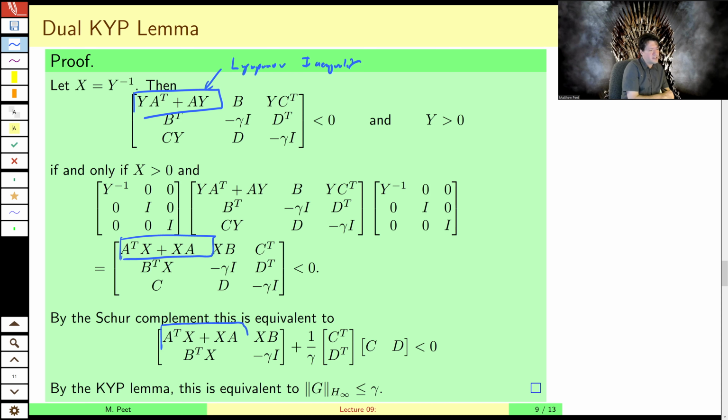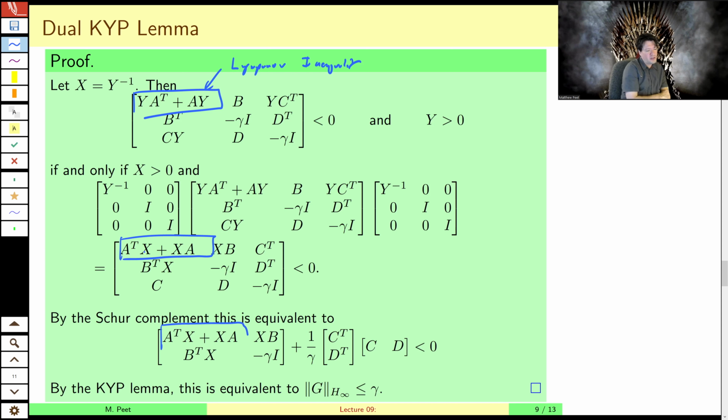So it makes sense that we should be able to approach the problem the same way we did for the Lyapunov inequality. And if you remember what that was, what did we do? We multiplied the left and the right of the Lyapunov inequality by x inverse, and declared x inverse to be our new variable and constructed things that way. So we'll do the same for the KYP lemma now.